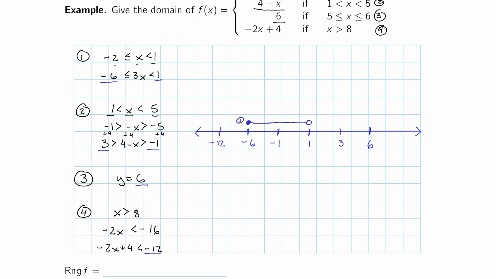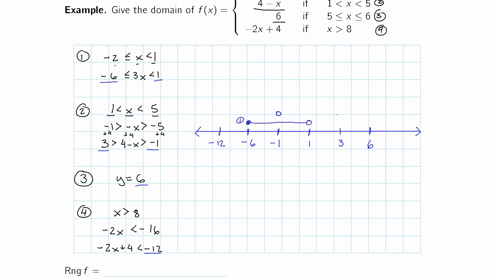There's the first piece of my range. The second piece of my range, my y values will hit all of the points between 3 and -1, not including either end.